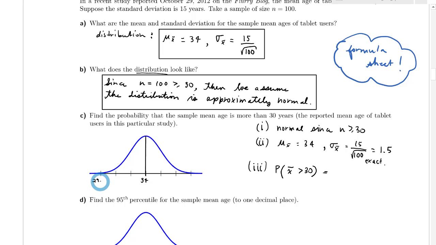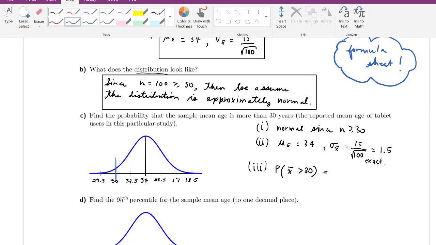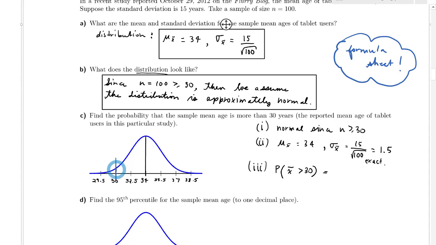So they're 29.5, 30, 32.5, 35.5. I'm just adding and subtracting 1.5, right? 37 and 38.5. And so let me go ahead and mark and shade 30, which is here. And I'm looking for that sample mean being larger than 30.